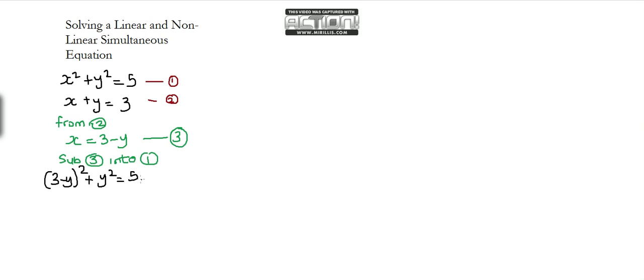So now expand the bracket. We have (3 minus y)(3 minus y) plus y squared equals 5.